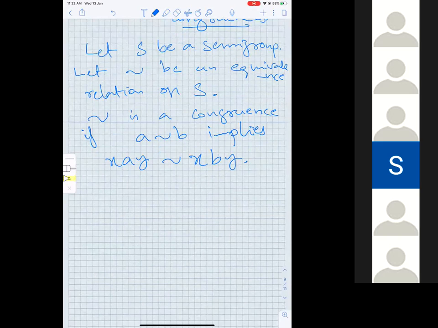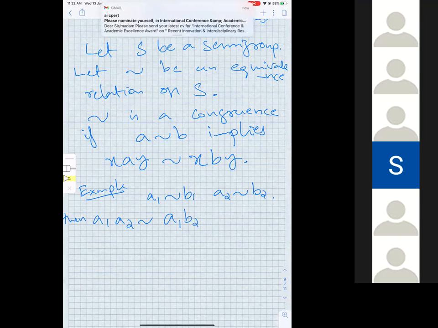For example, let's imagine tilde is a congruence relation. Let's imagine A1 is tilde B1, and A2 is equivalent to B2. Then A1 A2 will be congruent to A1 B2. Similarly, B1 B2.